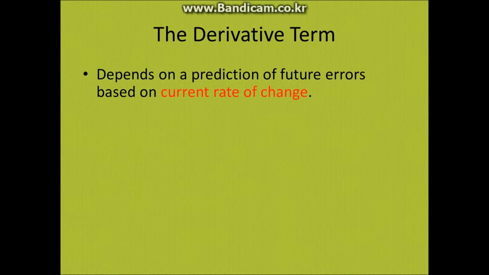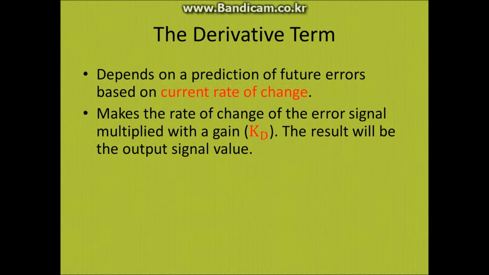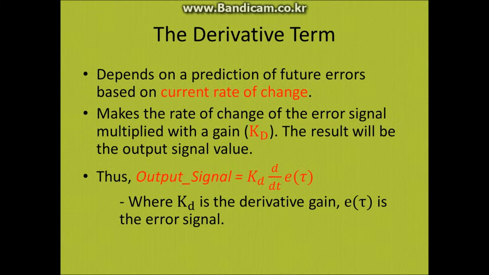The derivative term depends on a prediction of future errors based on current rate of change, and it makes the rate of change of the error signal multiply with a gain Kd. The result will be the output signal value. So the output signal will be Kd times the derivative of e of tau.